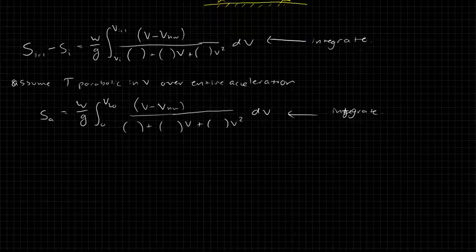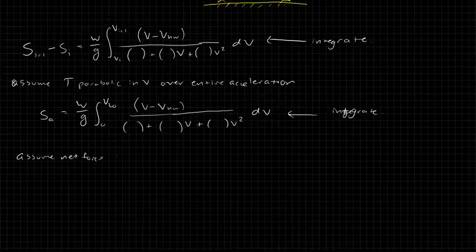Now if we make one more assumption, and assume that net force doesn't change very much with velocity, so nearly constant in v, then this gets even simpler. We can actually perform the integral and come up with an approximation.